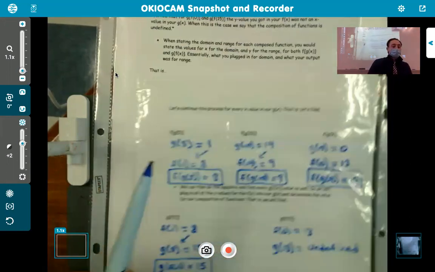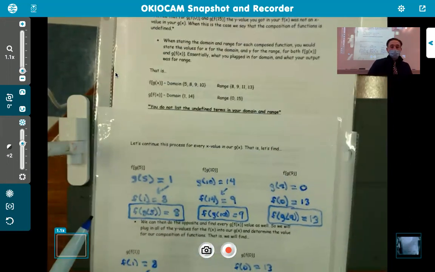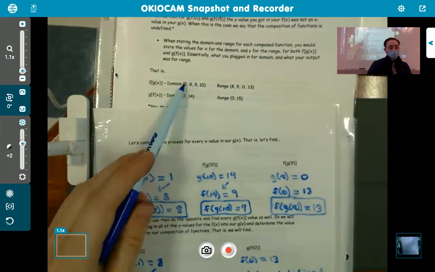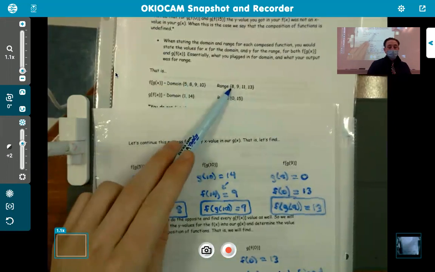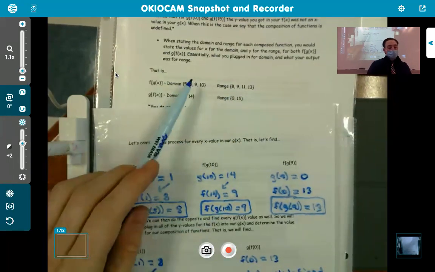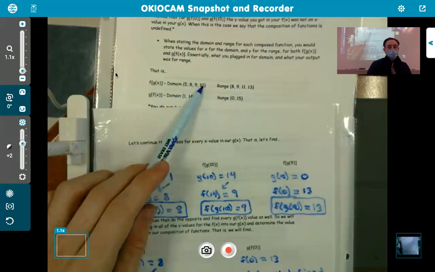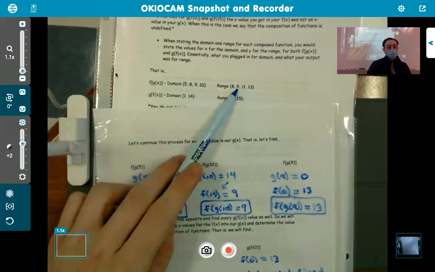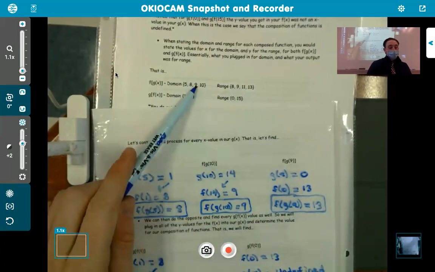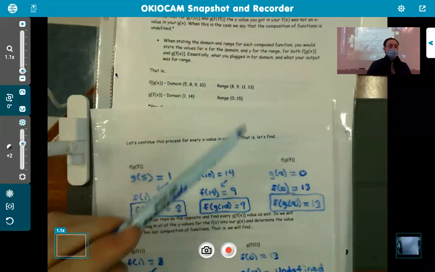When I solved all of these, for f of g of 5, 5's in my domain. 8 was the output, so 8 would be in my range. For f of g of 10, 10 was something that I plugged into my domain. 9 was the output, so that's in my range. And then f of g of 9, 9 is something that I plugged in, and 13 was in my range.